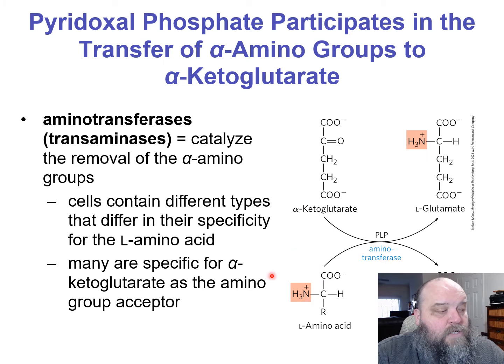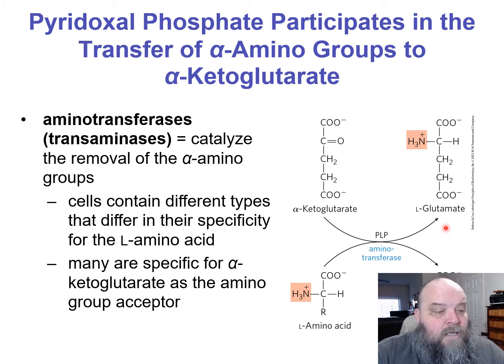Well, what you're going to do is you're going to grab one of those incoming amino acids. You're going to take that amino group off of that incoming amino acid and you're going to transfer it over to carbon 2 of alpha-ketoglutarate, making L-glutamate. In the process, that L-amino acid is now going to become what is referred to as an alpha-keto acid.